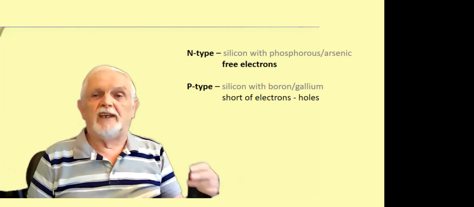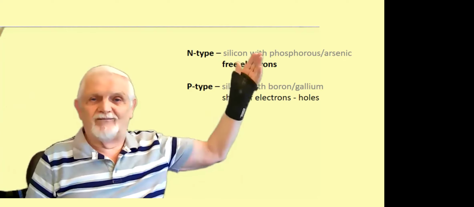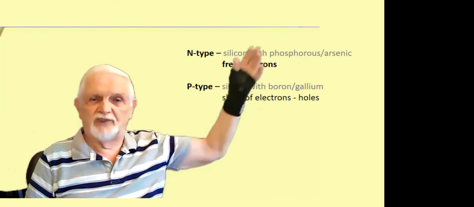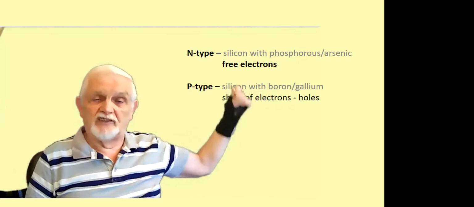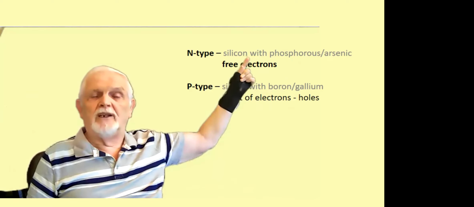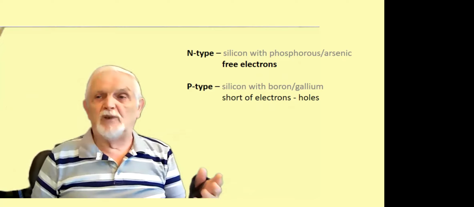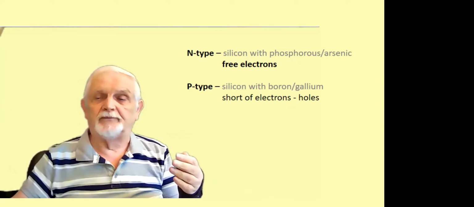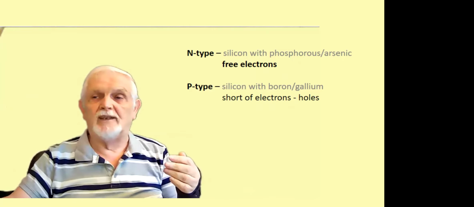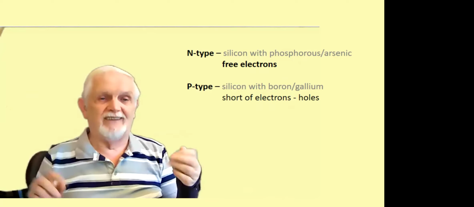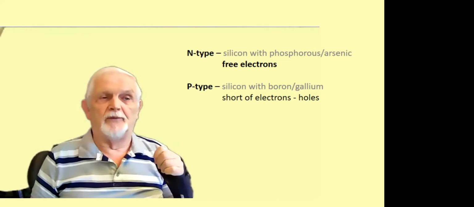In one case, you add that set of chemicals, in the other, that set of chemicals. The result is, with that kind of doping, the silicon ends up with more electrons than would normally be in that situation. So an imbalance, so there's a surplus of electrons in that material.